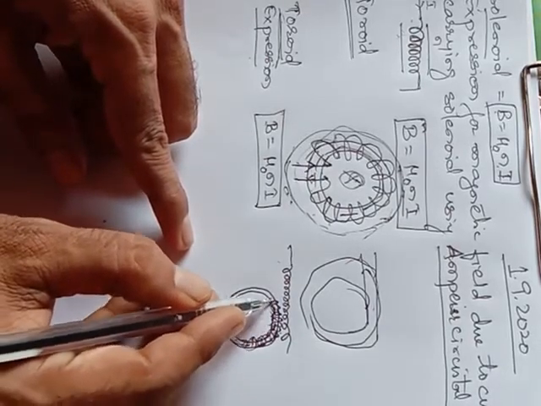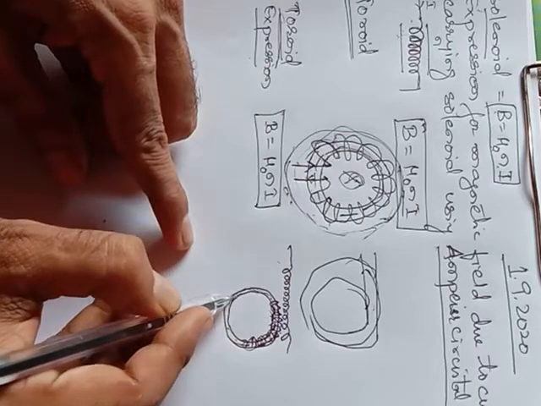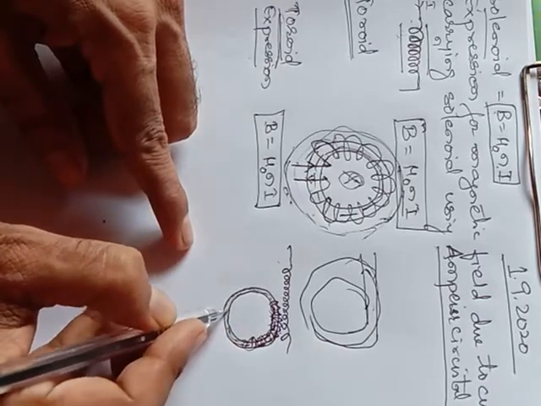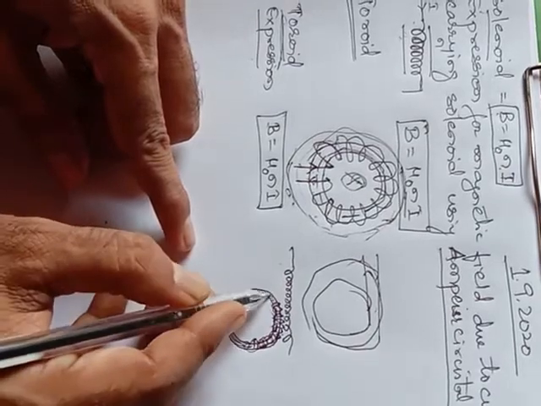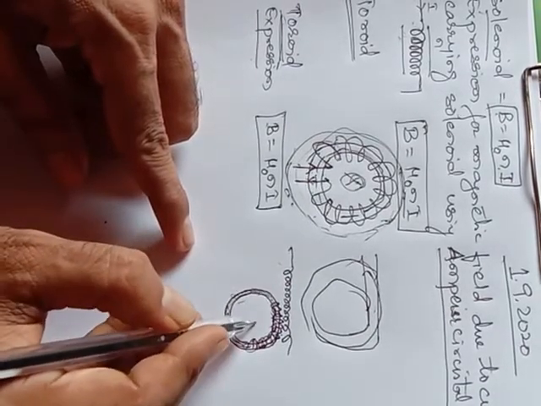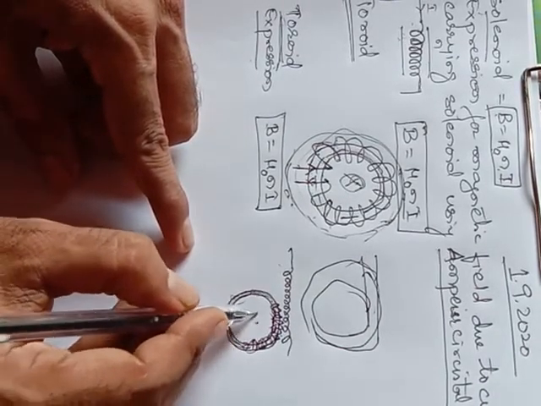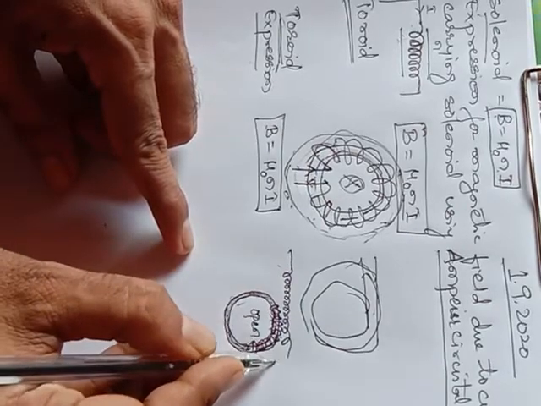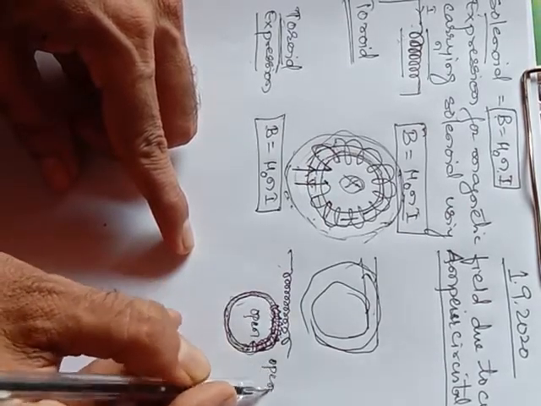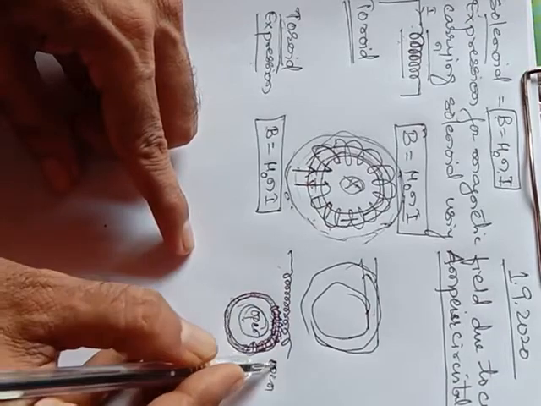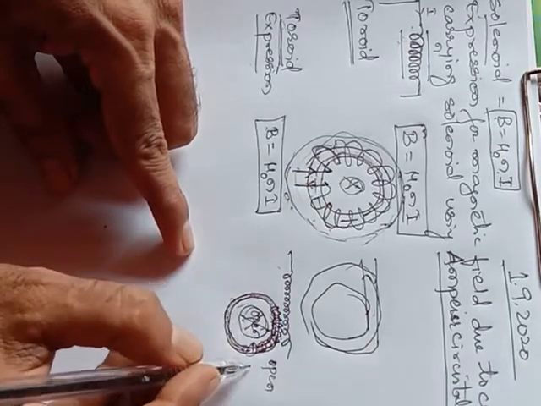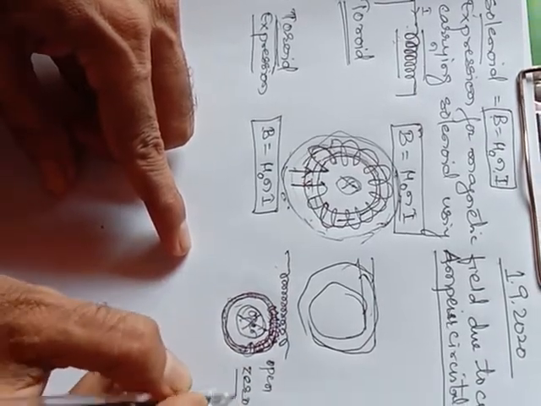ये जो इनसाइड there is an empty space, so these empty space will generate the magnetic field. But here this is the open space and outside also there is an open space. So in this open space magnetic field will be 0.